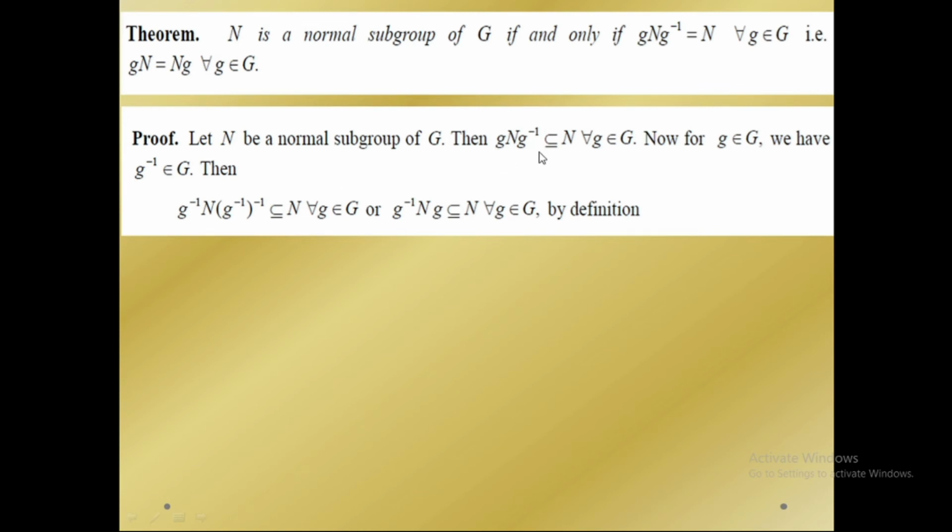So this can be written for the element g^{-1}: g^{-1}N(g^{-1})^{-1} is contained in N for every g belongs to G. So what will then happen? The inverse of the inverse is nothing but the element g itself. So g^{-1}Ng is a subset of N for every g belongs to G by definition.